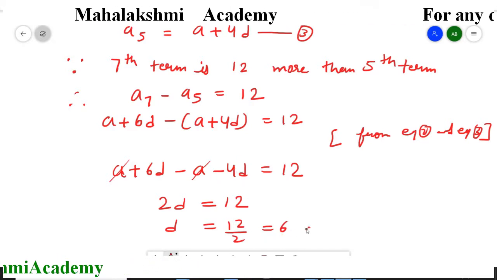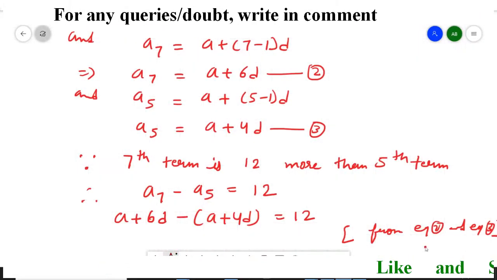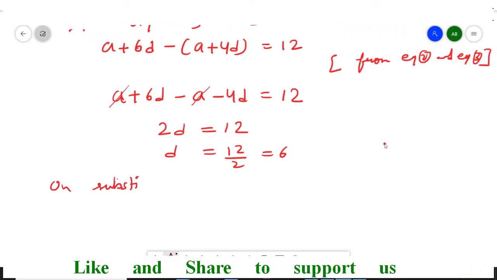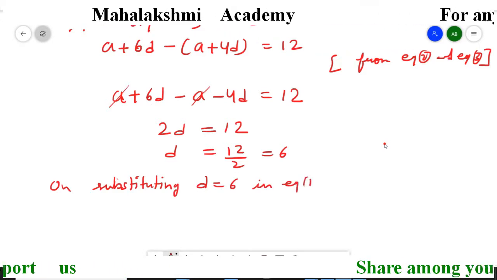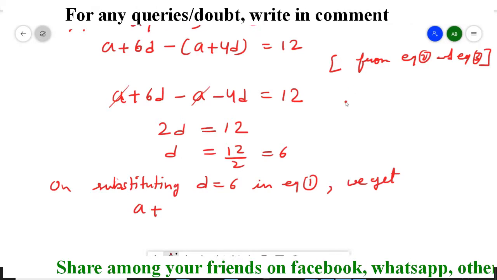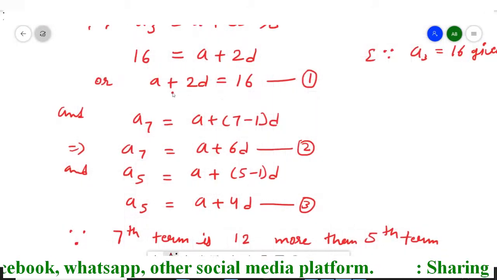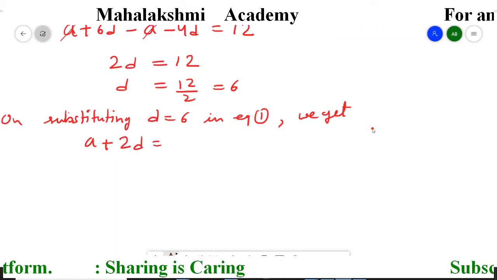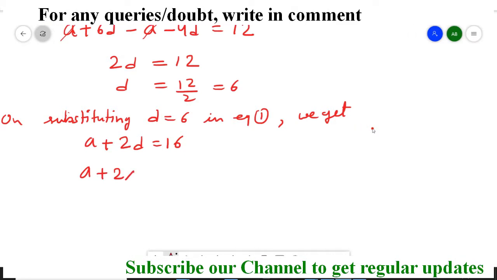So we obtained 6, that is, the common difference is 6. Now in equation 1, A plus 2D is equal to 16, we will replace D with 6. So substituting D equal to 6 in the first equation: A plus 2 multiplied by 6.